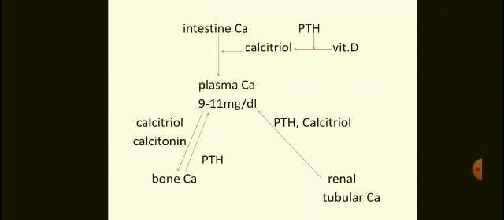Now here we can see how the plasma calcium, 9 to 11 milligram per dL, is maintained. We know first the vitamin D is converted into the active form calcitriol. Parathyroid hormone also helps in the conversion of vitamin D to its active form.